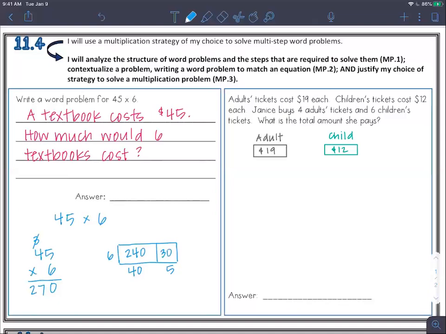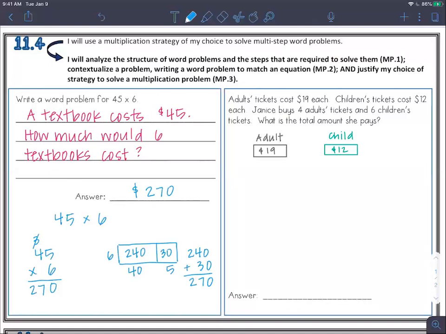Then I add my partial products. 240 plus 30. And I also get 270. Since it is money, I'm going to put the dollar sign. So it would cost $270. Now I showed both strategies. You would only have to pick one when you do your problems in stepping stones.